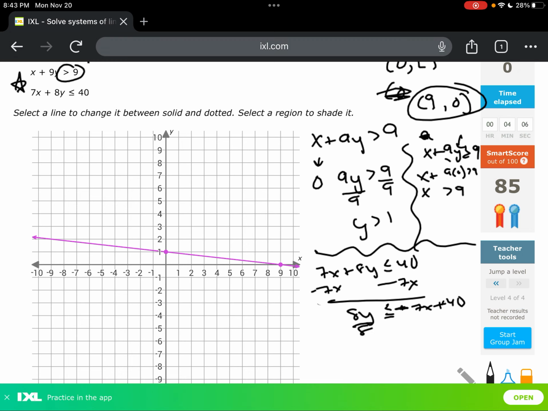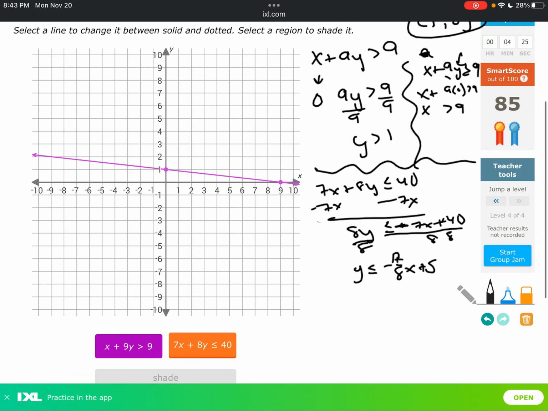And then I'm going to divide by 8 on all of the numbers. So now I have y is less than or equal to negative 7 over 8x plus 5. And now I can graph this line.